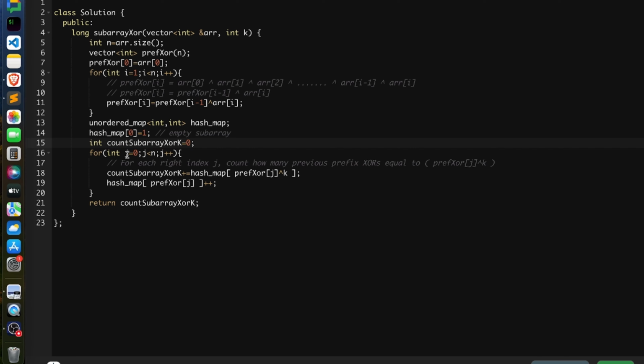Now go through each possible right index. So for each right index j, what I'm doing here is trying to find the count of how many prefix XORs have a value equal to prefix XOR of j XOR k. I've explained in the explanation part how this is coming.